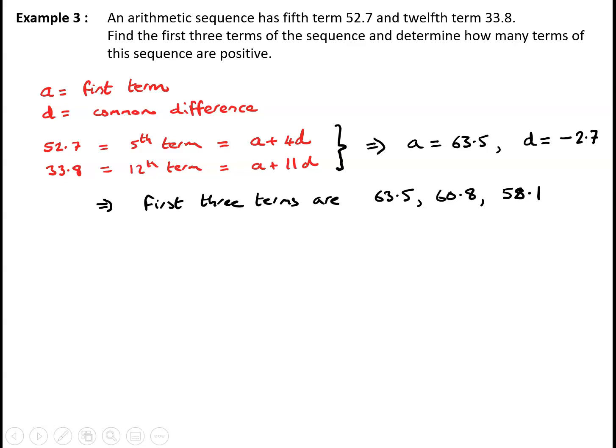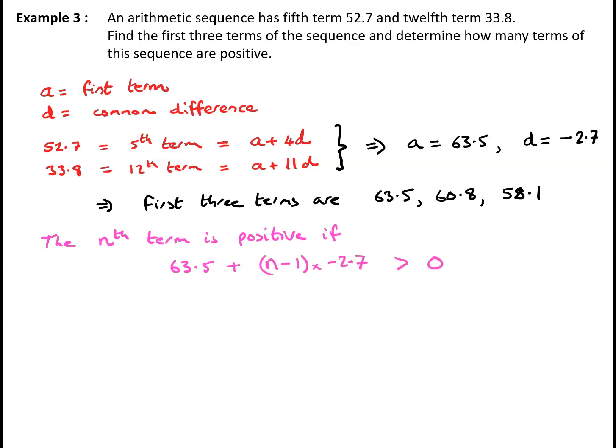We want to find out how many terms of this sequence are going to be positive. The nth term is positive if the expression for the nth term is greater than 0. The expression for the nth term is a plus (n minus 1) times d, so in this case it's 63.5 plus (n minus 1) times minus 2.7, and we want that to be bigger than 0. Simplifying, we've got 63.5 minus 2.7n plus 2.7 greater than 0.